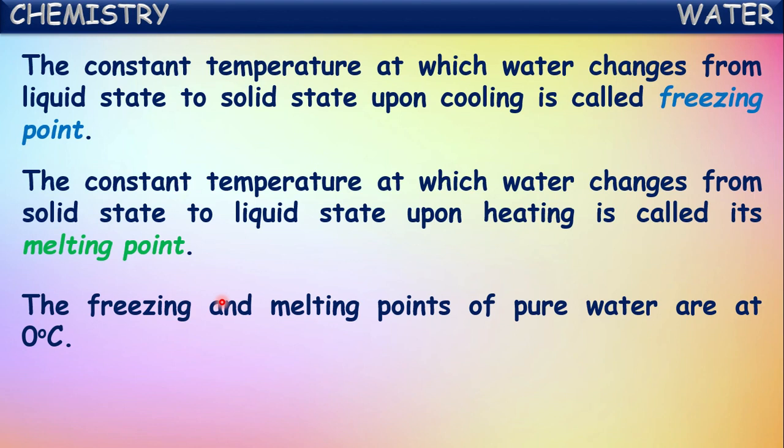When their temperature reaches 0 degrees Celsius, ice starts converting into liquid water. That process is called melting, and the temperature at which ice converts into liquid water is called melting point. That is why the freezing point of water and the melting point of ice are one and the same, equal to 0 degrees Celsius.